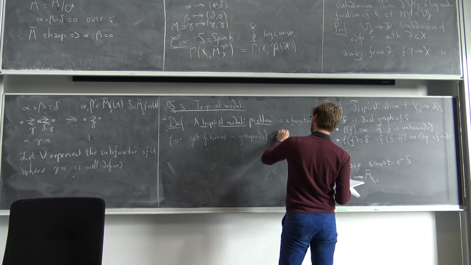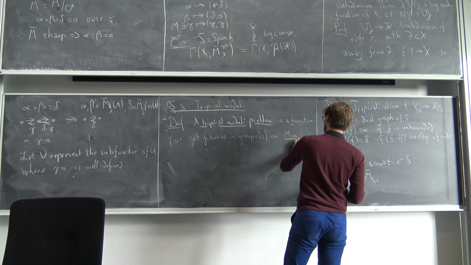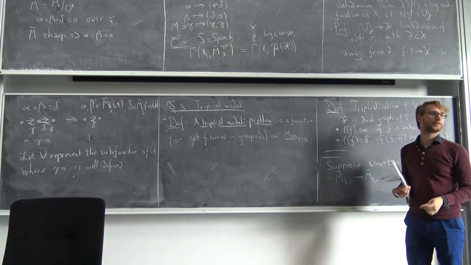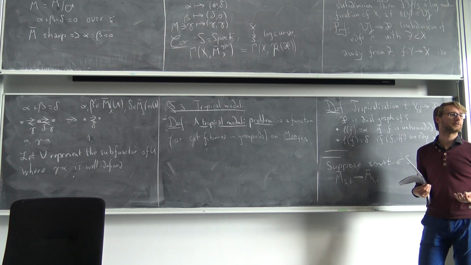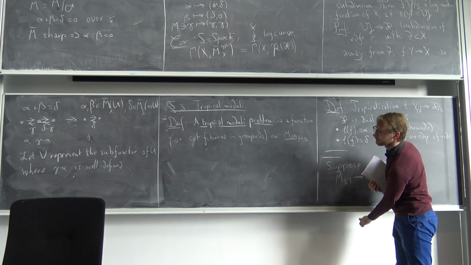And I'm just going to write it FSS. So we've seen FS monoids, and we want their morphisms to be sharp. So that's a second S.